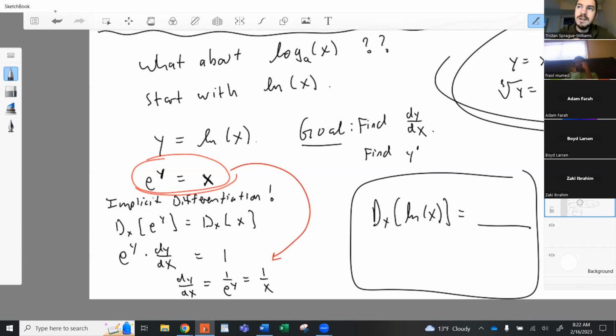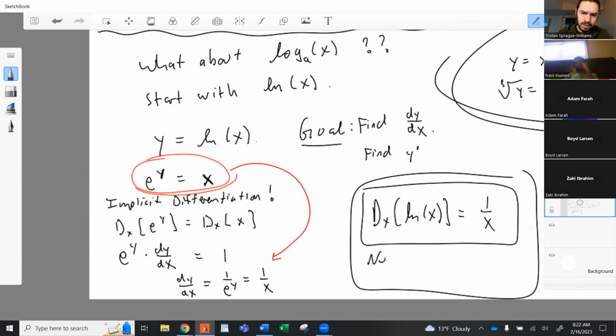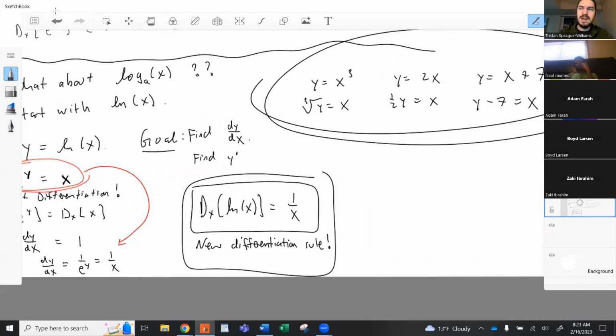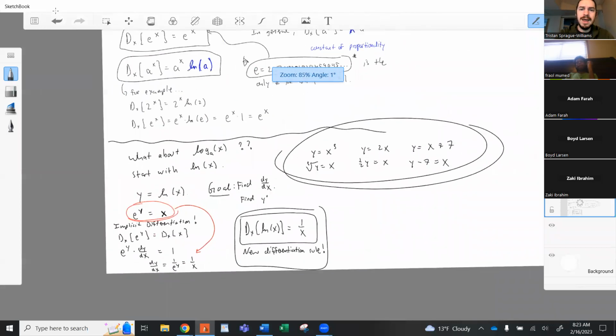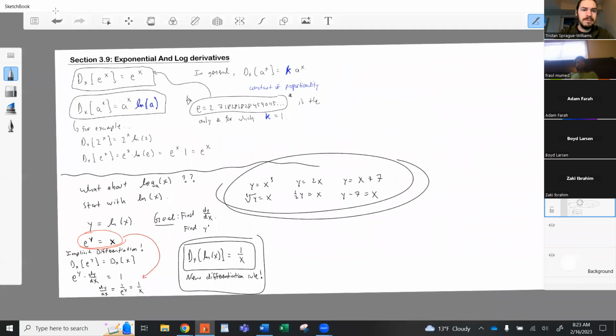So 1 over e to the y is actually 1 over x, and that is the answer we're really looking for here. That is our new differentiation rule for logarithms. The derivative of the natural log of x is 1 divided by x.